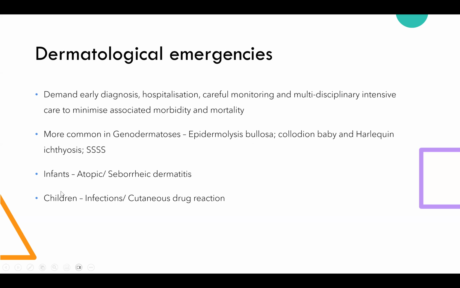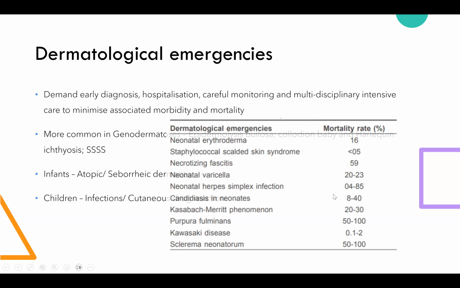In children, atopic and seborrheic dermatitis present as erythroderma, and in children, infections and cutaneous drug reactions should also be considered. If we see the mortality rate in a case series of neonatal dermatological emergencies, it is relatively high for infections like necrotizing fasciitis, varicella infection, herpes simplex infection, purpura fulminans, and scleroderma neonatorum.